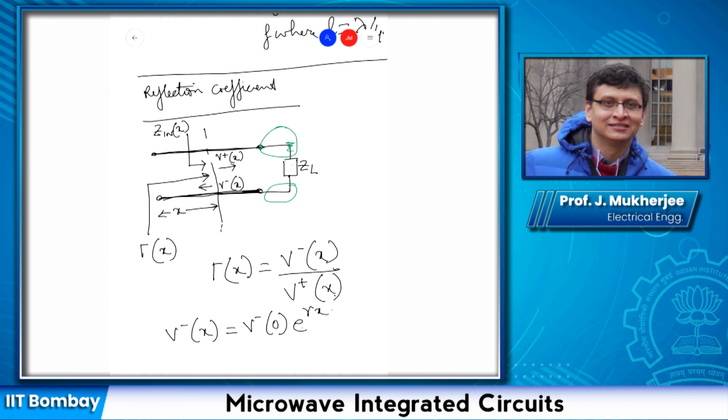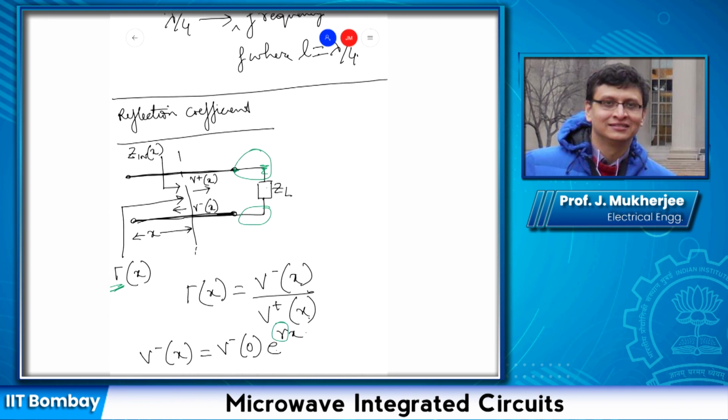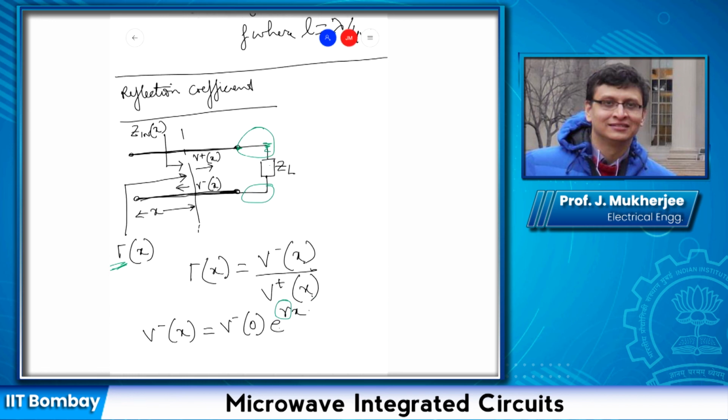Now here, capital gamma is used for reflection coefficient, whereas small gamma is used for the propagation constant. And when I use the term gamma, it means the propagation constant is complex, so this transmission line may be lossy. Okay, so now what is this v minus of 0?